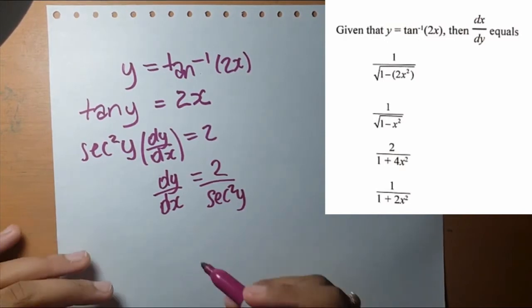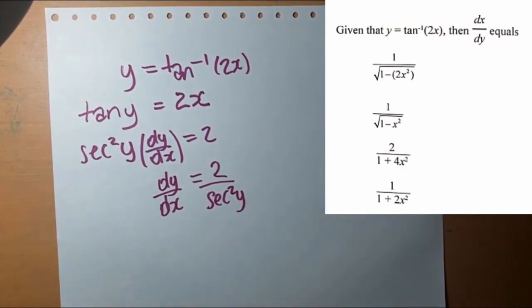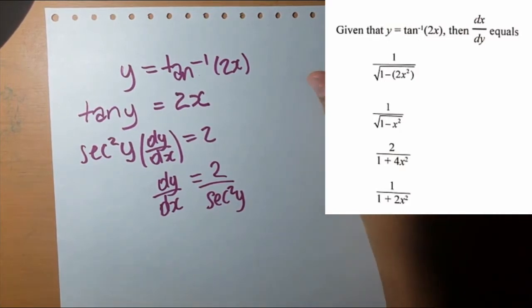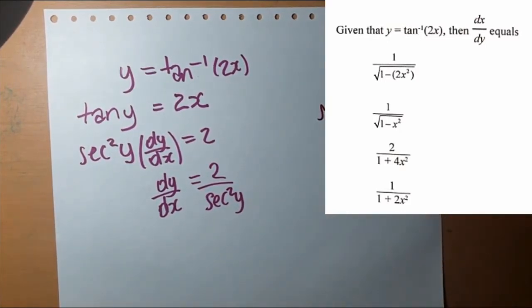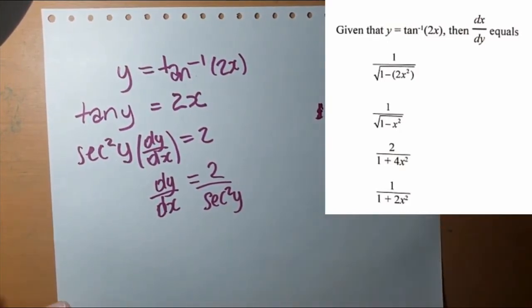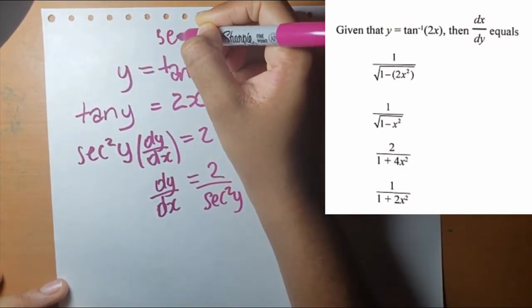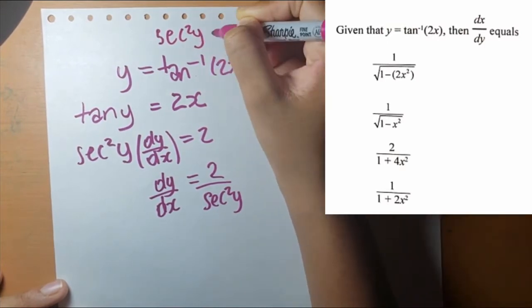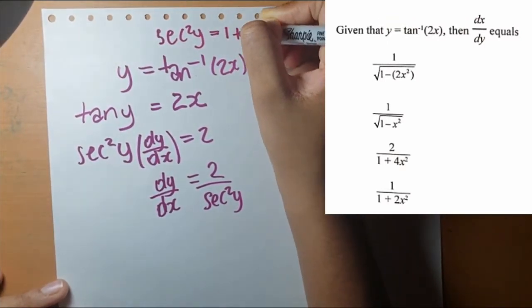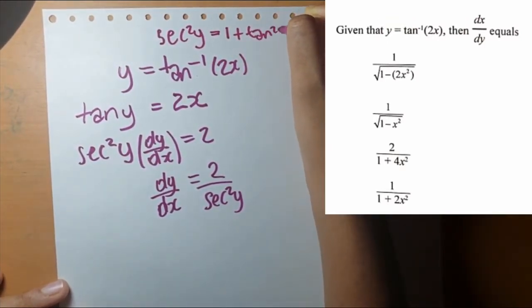All right, so we're given that dy dx is equal to 2 over sec squared y. And if we remember our identities, which is important to know, we know that sec squared y is equal to 1 plus tan squared y.